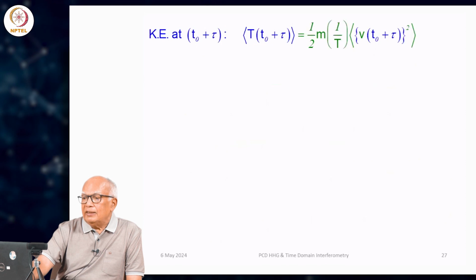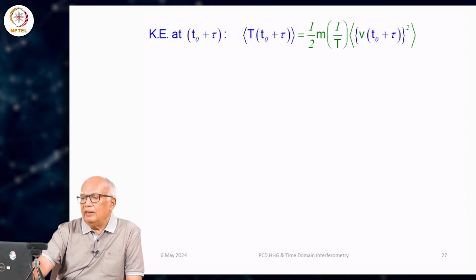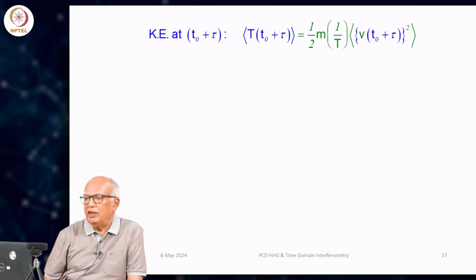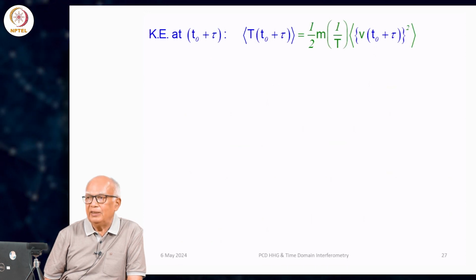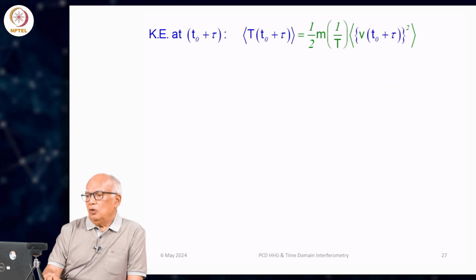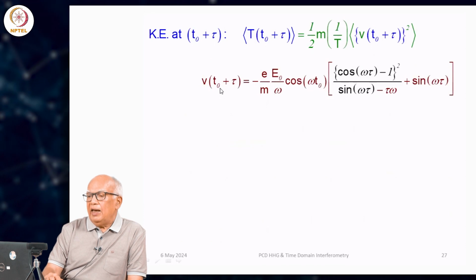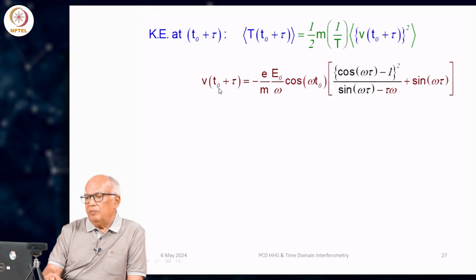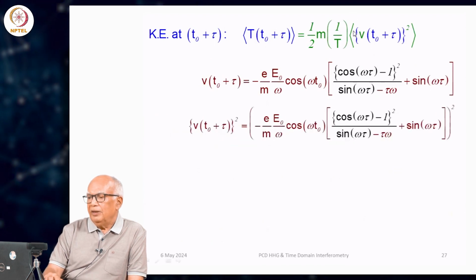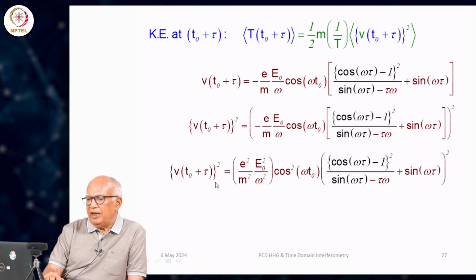And now you can get the kinetic energy, which is half mv square. This is the average per optical cycle, which is why the 1 over T is appearing over there. It is the average over one optical cycle. So, you got the v at time t0 plus tau on our previous slide. You put this expression over here to get the average of this quantity.